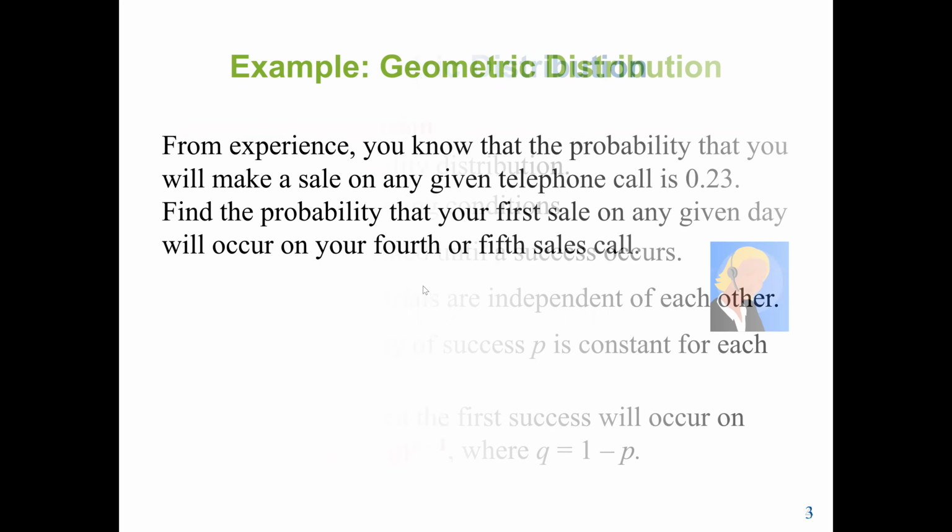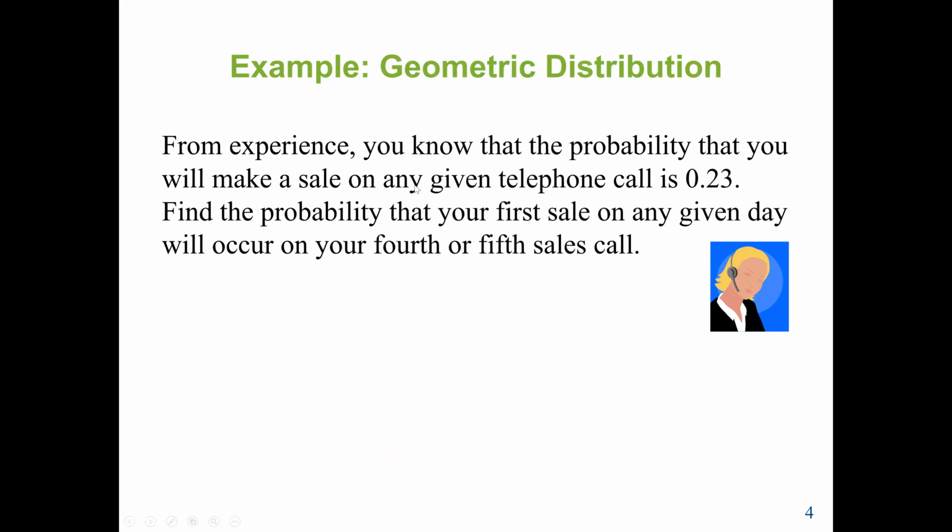So let's see an example. They say from experience, you know that the probability that you will make a sale on any given telephone call is 0.23. So that will be our probability of success, or P. Find the probability that your first sale on any given day will occur on your fourth or fifth sales call.